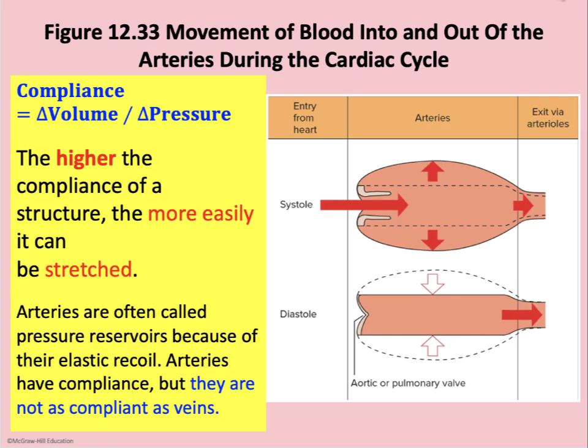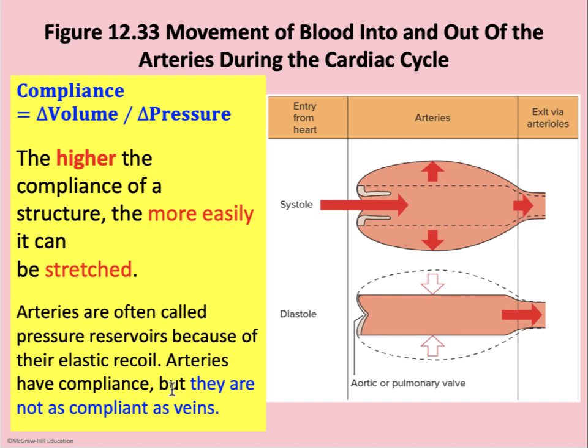A term that we learned with the lungs was compliance. Compliance is simply the ability to be pushed into a new shape and be stretched. So the higher the compliance of any structure, the more easily it can be stretched. However, arteries are not as compliant as veins are.